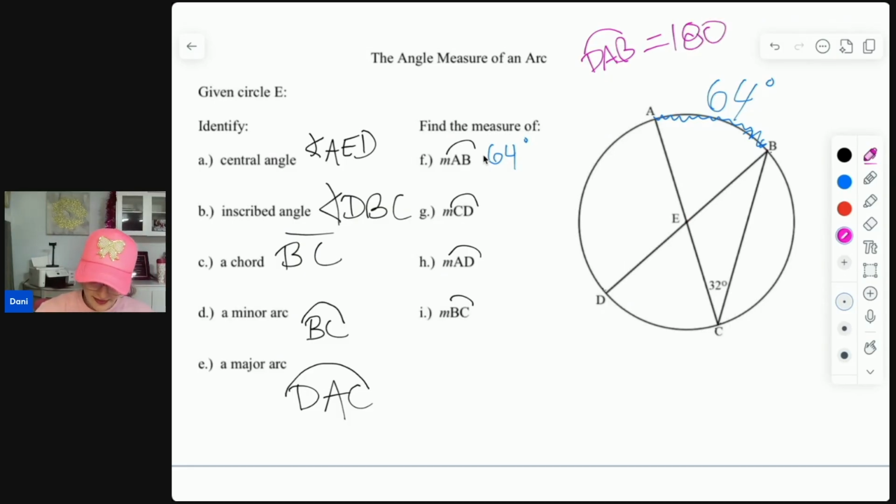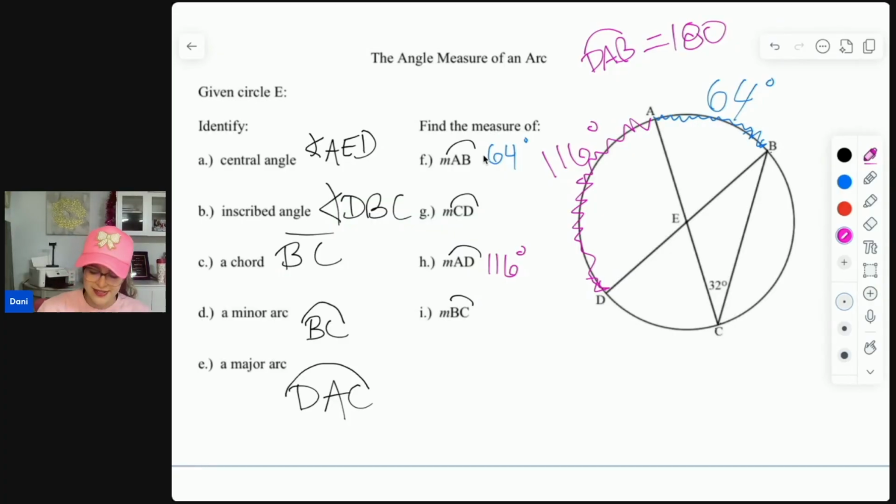Just for fun, if I wanted to find arc DA, I would subtract: 180 minus 64 gives us 116 degrees for arc DA. Or AD, I guess. And it did ask me for that. Convenient.